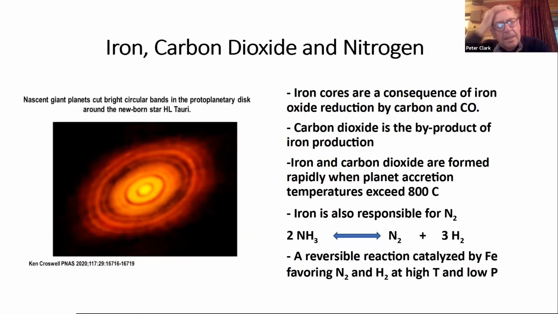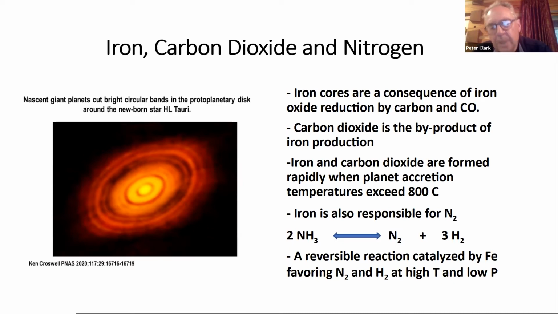Iron then is linked to carbon dioxide production, and I think also molecular nitrogen. The reason is because if we go down this slide, we see that ammonia is in equilibrium with nitrogen and hydrogen. And the only element that can catalyze decomposition of ammonia is iron.